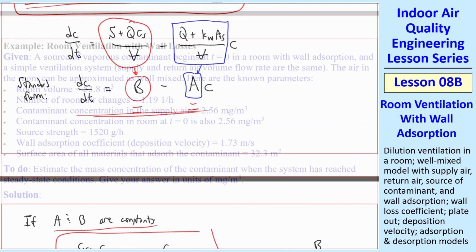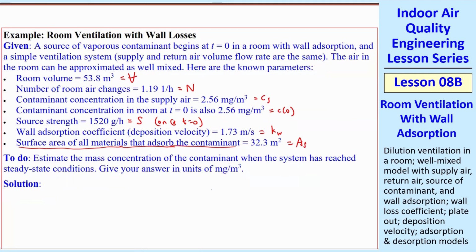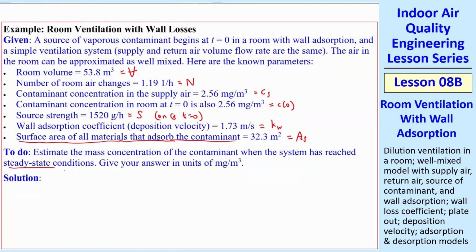I want to do an example, room ventilation with wall losses. Let's suppose we have a source of contaminant that starts at t equals 0 in a room that has wall absorption. I'm just going to label these things. Wall adsorption coefficient, this is our KW, is given. And then finally we have AS. This is the surface area of all materials that absorb the contaminant. We want to estimate the mass concentration of the contaminant when it's reached steady state conditions.